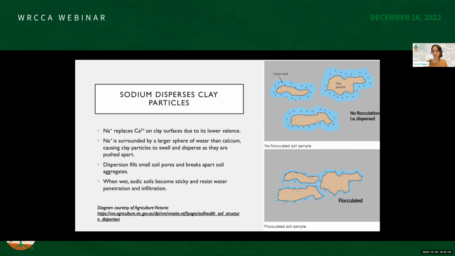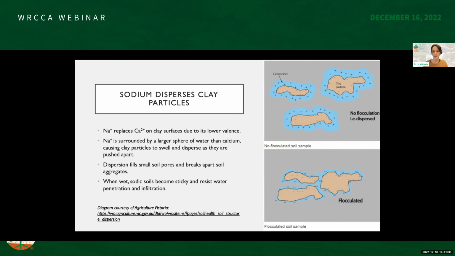And so how does sodium do that? In this upper photo, we're seeing clay particles where the sodium is the cation, and sodium has a very large shell of water surrounding it. And so when it fills all of these negatively charged sites on the clay surface, it starts to push the clay particles apart.